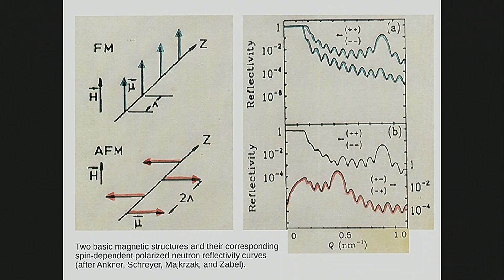If you have an antiferromagnetic structure, then things start to get really interesting. And here, there is a chemical periodicity that's the same as here, but now, because the spin goes to the right and to the left and to the right and to the left, one unit cell is actually double the length of the chemical unit cell, where the nuclear scattering is appearing.